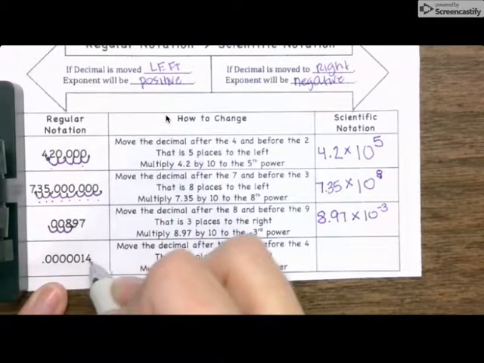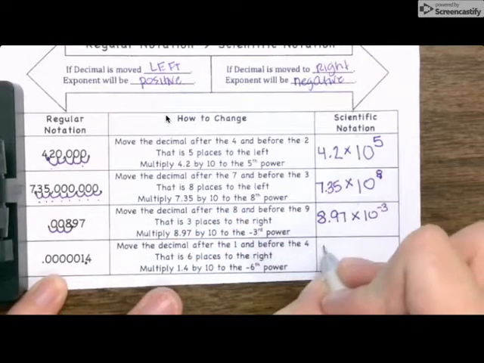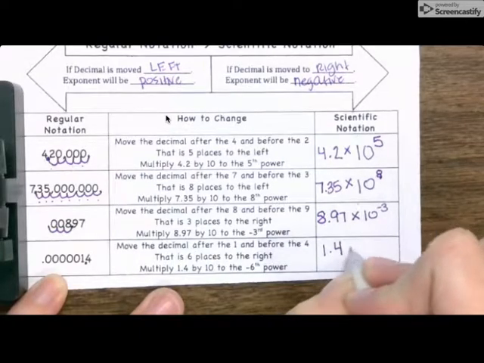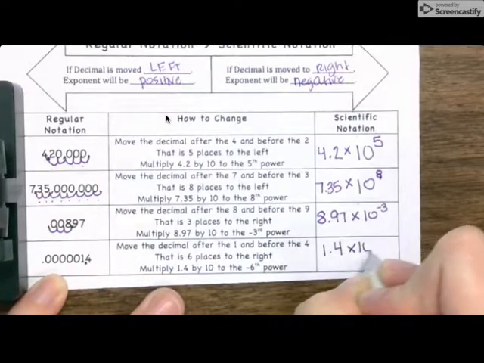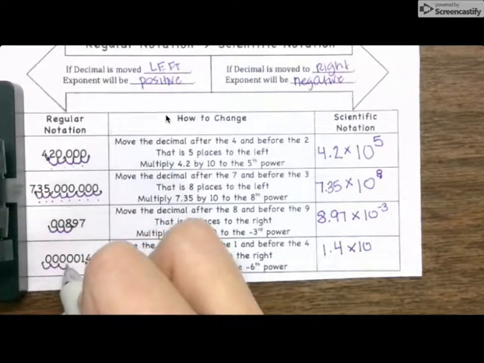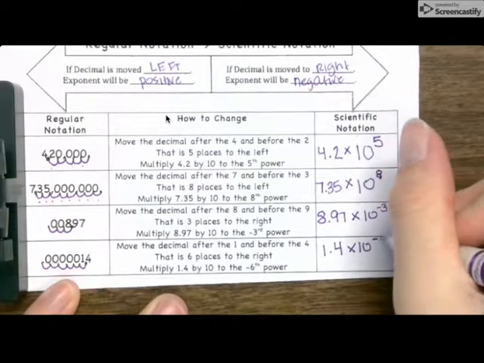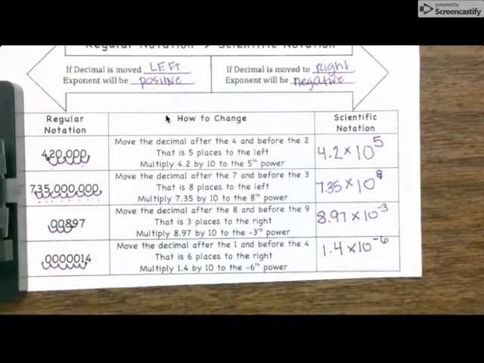Here, where am I going to put my decimal point? In between the 1 and the 4. So I have 1.4 times 10, and then we move 1, 2, 3, 4, 5, and 6. And since I moved to the right, it is in fact negative.